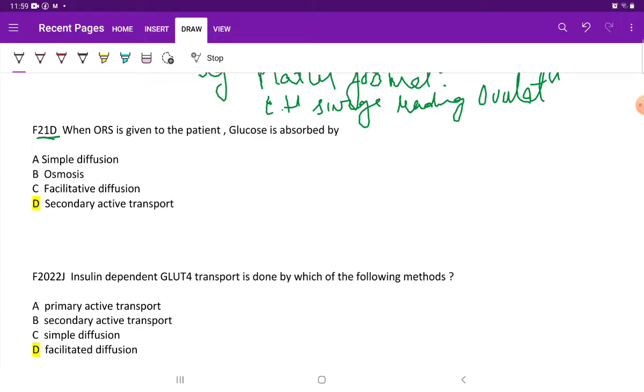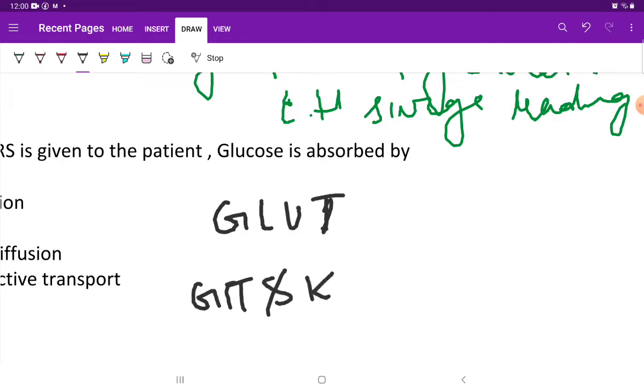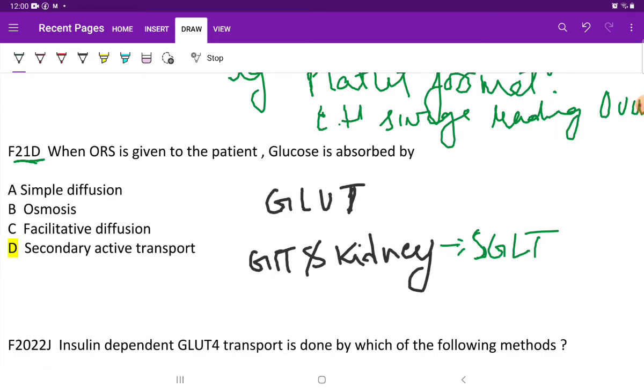Usually glucose is absorbed by glucose transporter, but in case of GIT and kidney, the transporter protein is SGLT, sodium glucose transporter.